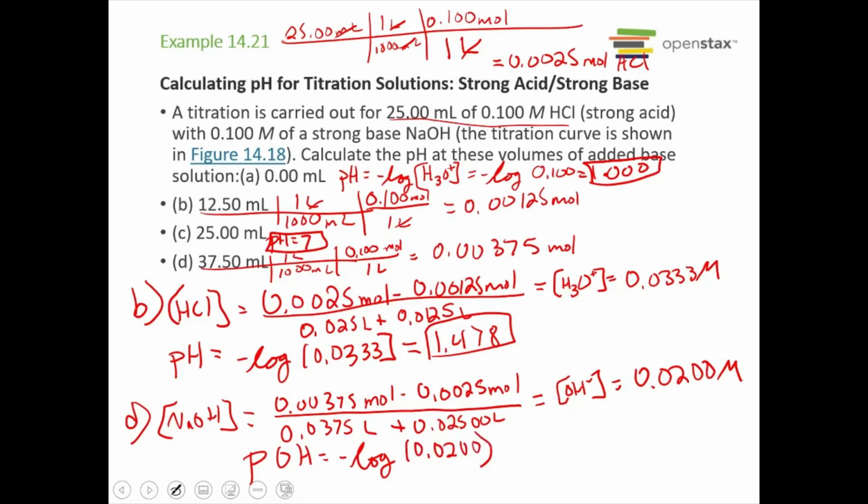So since we have OH, we can calculate pOH, which is the negative log of 0.0200. So let's type that in. And that is equal to 1.699. So our pH is equal to 14 minus 1.699.